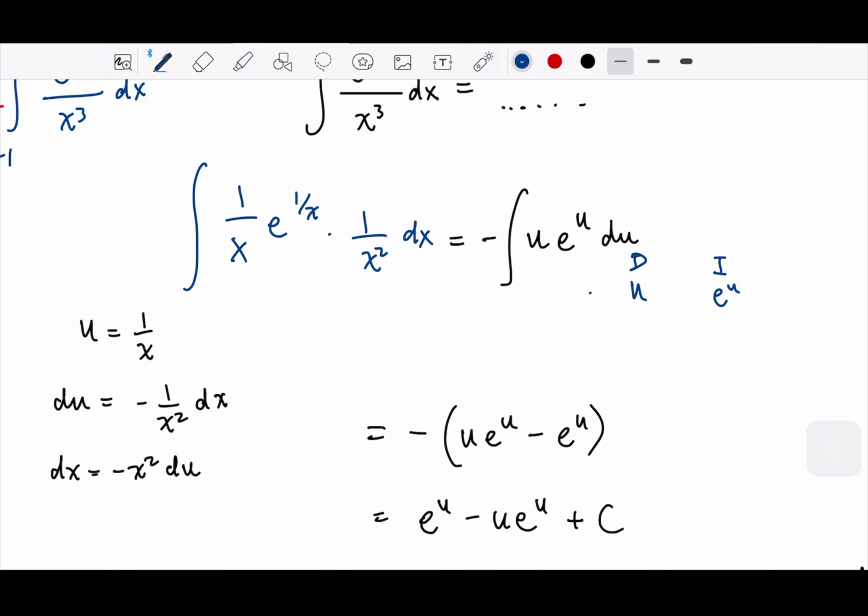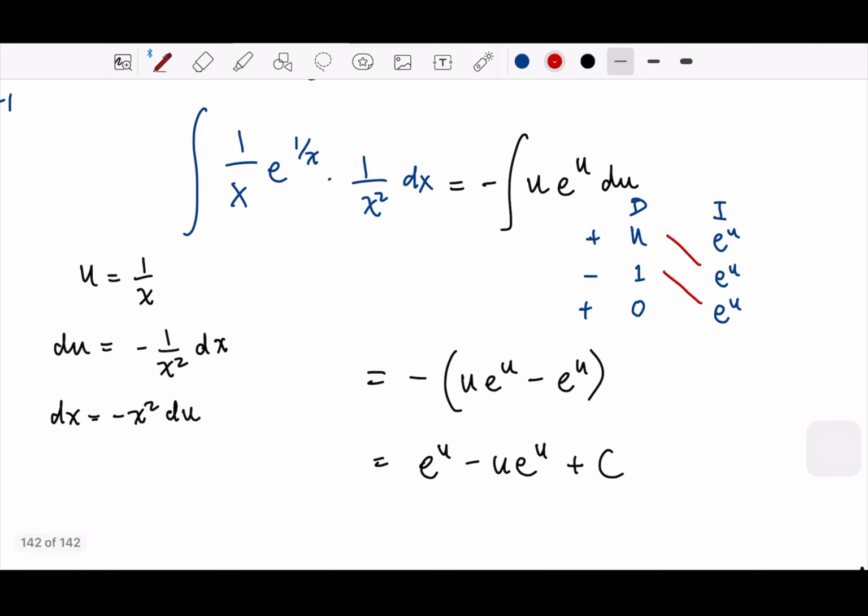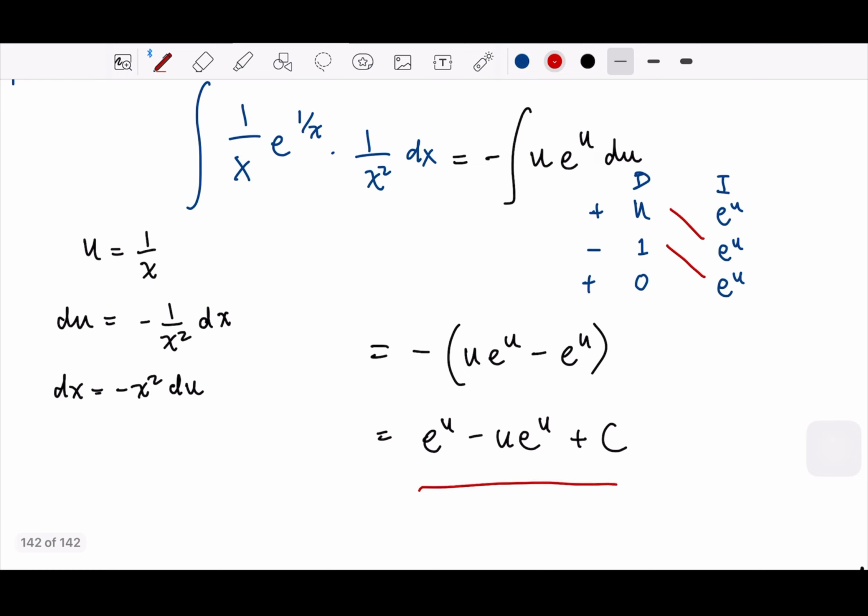So u differentiated with respect to u is 1, and then differentiated again it becomes 0. So plus, minus, plus, this is the same e to the power of u, and then cross multiply. And we get this as the result, and this result will come in handy when we calculate the limit.